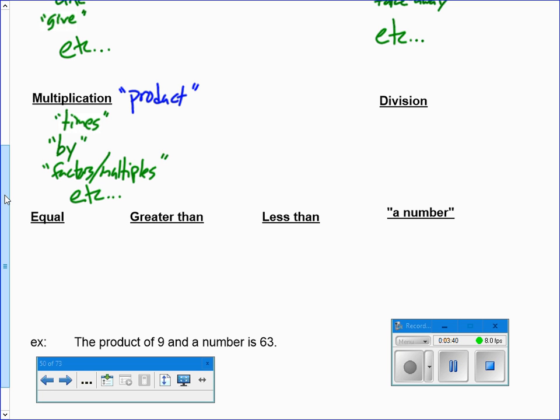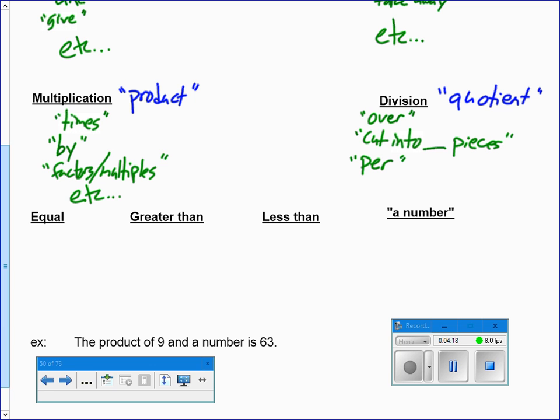And we have the same thing for division also. Again, we have a technical term when we divide in math. It's called a quotient. We have a bunch of other words that are associated with that. So a lot of times with fractions we'll say over, 3 over 4, 5 over 10. So that means division. And also if we cut into a certain number of pieces, that means division.